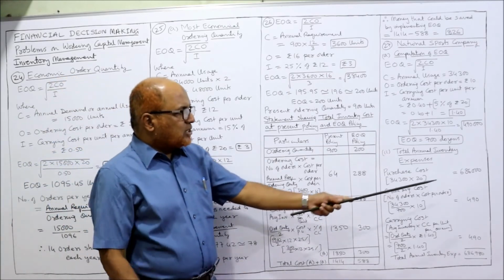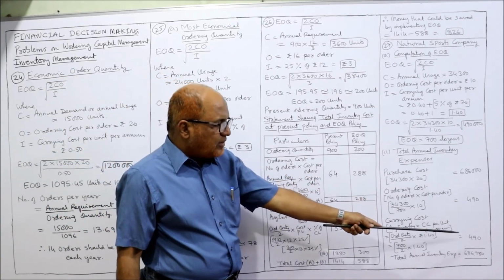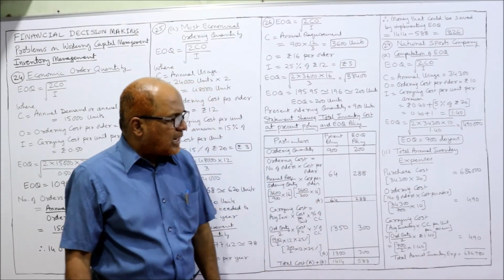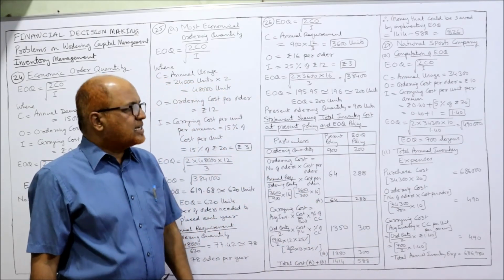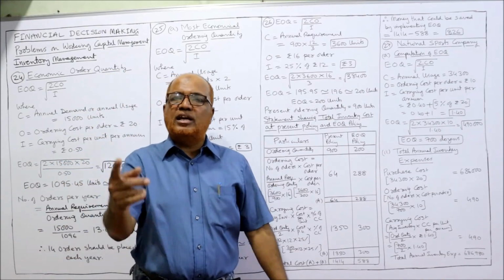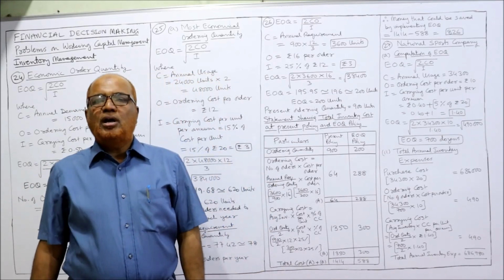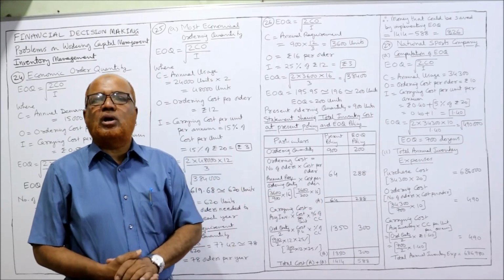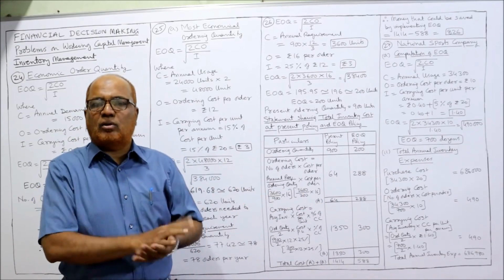So we got the purchase cost, we got the ordering cost, we got the carrying cost. Add up: 6,86,980. So 6,86,980 is the total inventory cost including purchase cost. If you don't want to include purchase cost, only 980 rupees is the total of ordering cost and carrying cost.